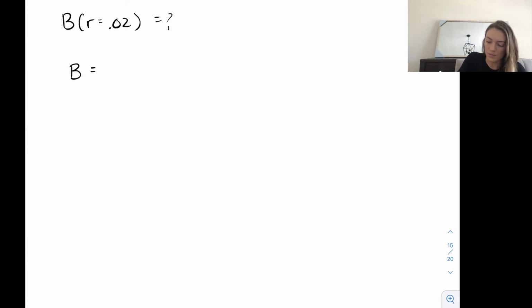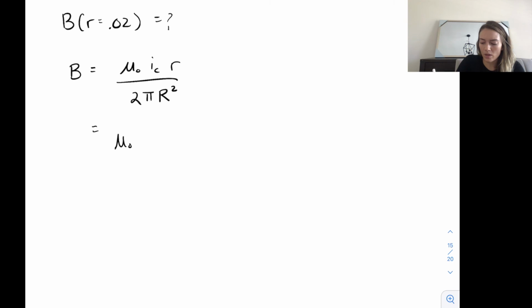So B, we said, was given by mu naught, the current in the wires, times the radius we're looking at, divided by 2 pi times the total radius of the plate squared. So we just have to plug in some numbers here. Mu naught is 4 pi times 10 to the minus 7. Our current was 5.2 amps. The radius we're looking at is 0.02.